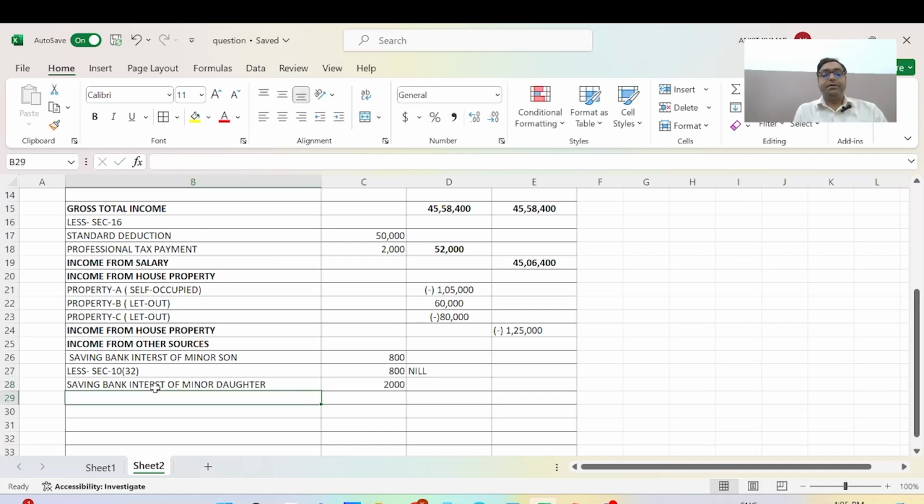Less exemption under Section 10 clause 32, which is 1,500 as per norms. Now 500 rupees is the taxable income.